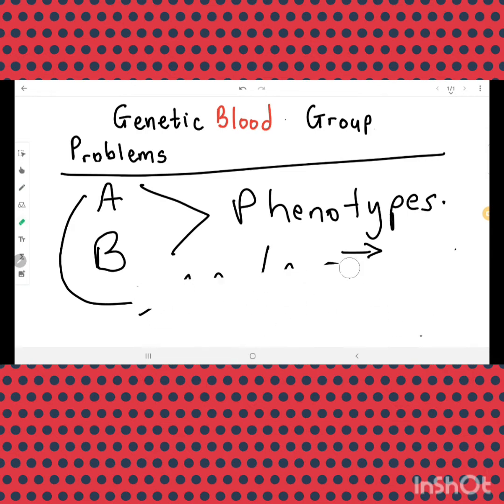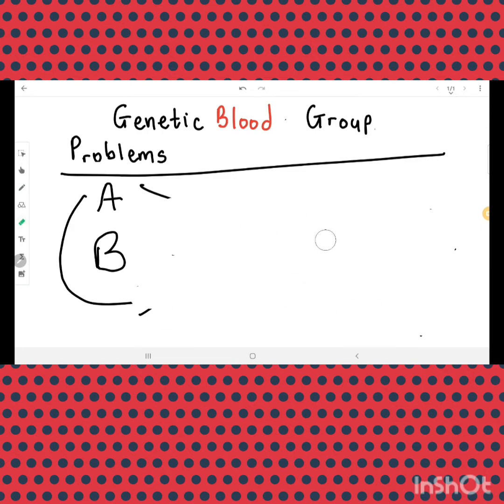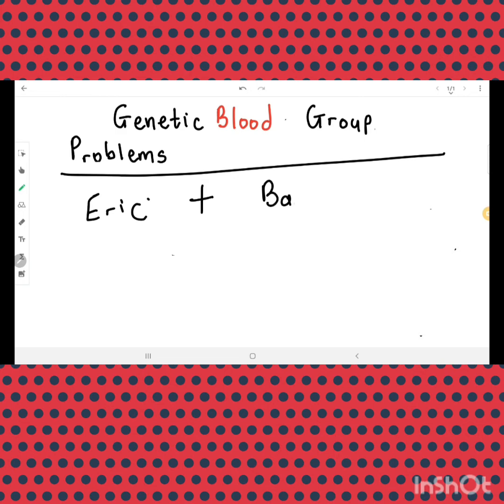Now let's give a very tasty example. In the world we live in today, very interesting things happen. Let's say you have a couple made up of an individual named Eric and a lady named, let's look for a good name, Bambi.